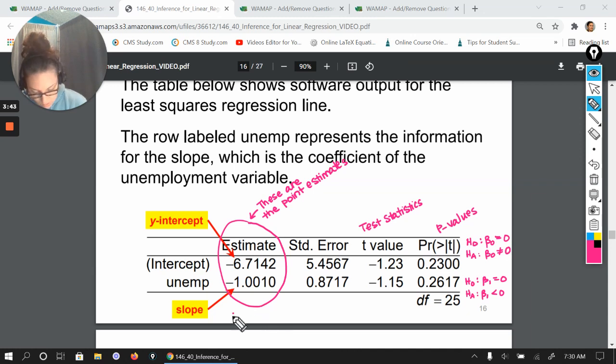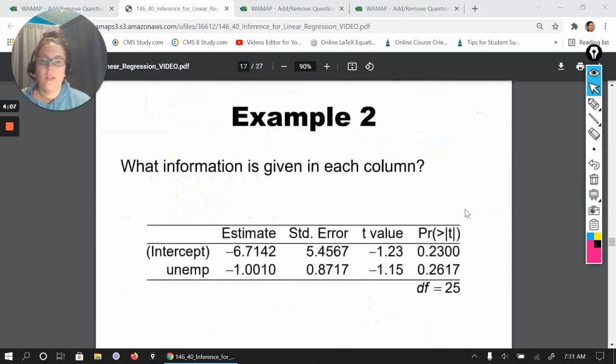So remember that the equation is the percent change equals negative 6.71 minus 1.00 times the unemployment rate. Here's example 2.